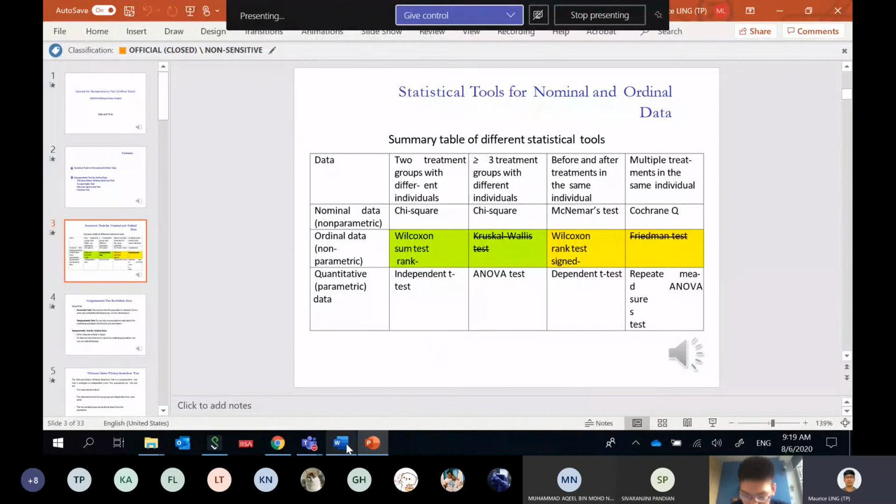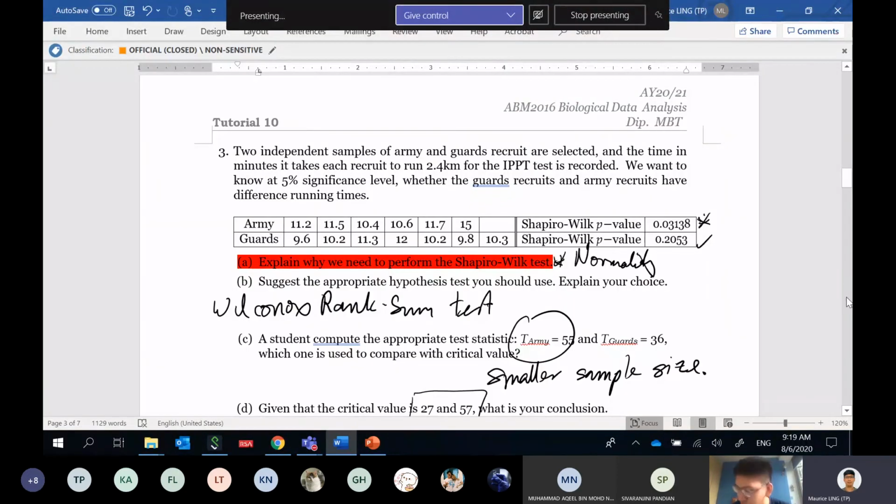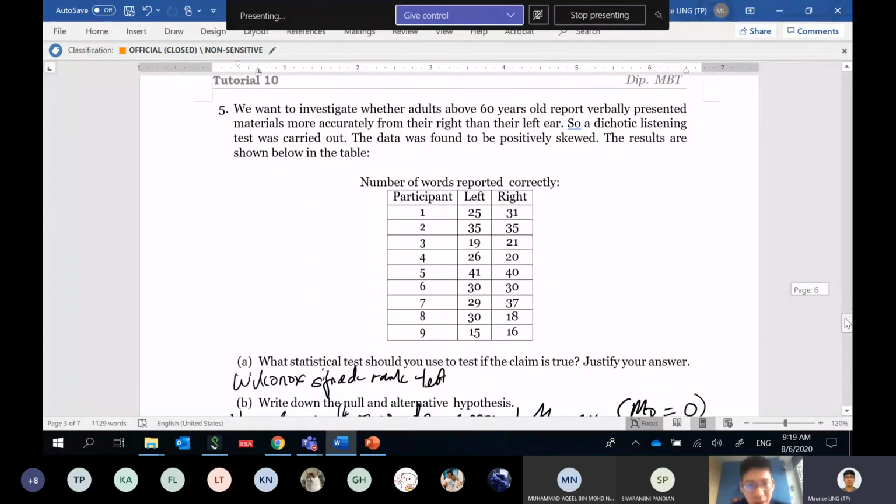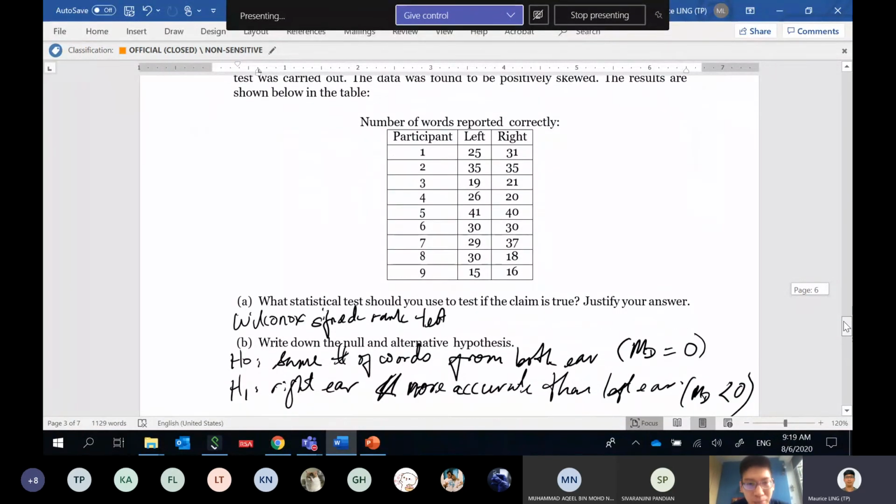Sir, also concerning question 5B, about the dichotic listening, sir. Is it acceptable to write the null hypothesis as there is no difference in how accurately adults above 60 years old report verbally presented materials from their right and left ears? Yeah, it's correct. And for the alternative hypothesis, could we?